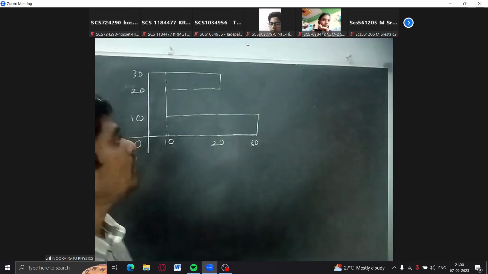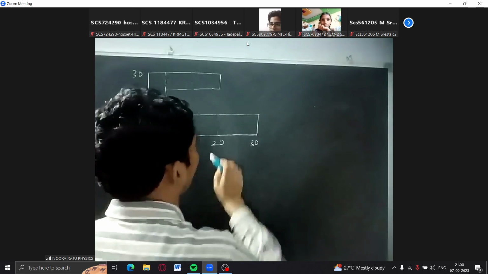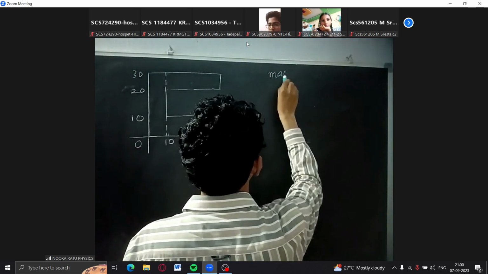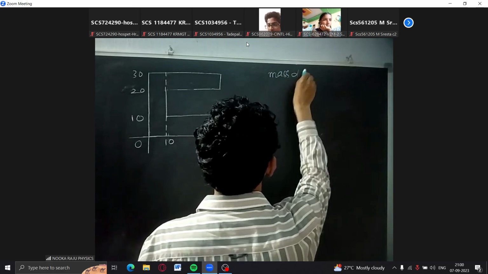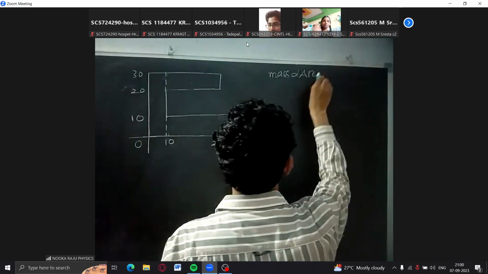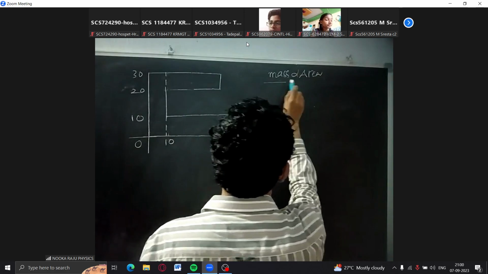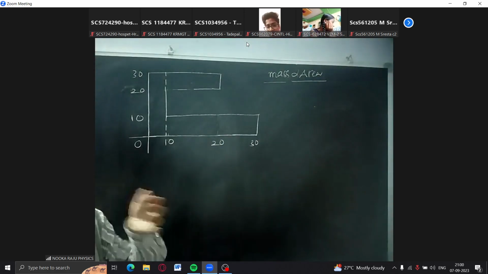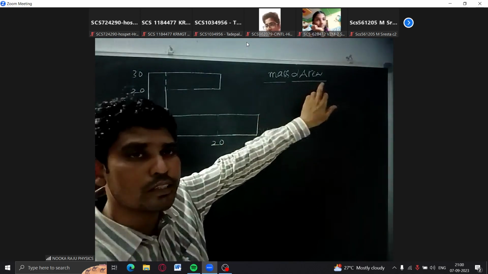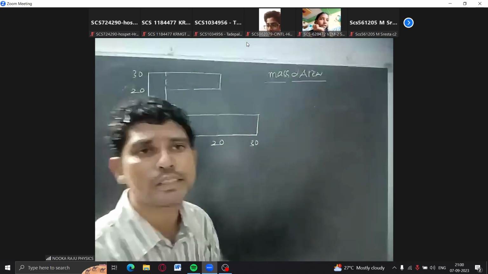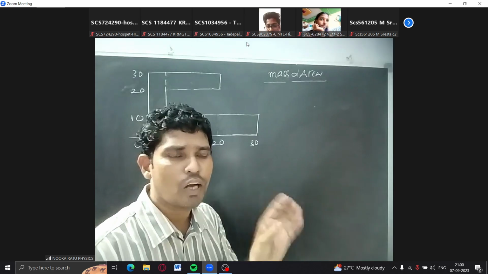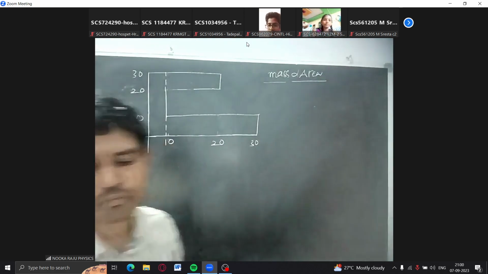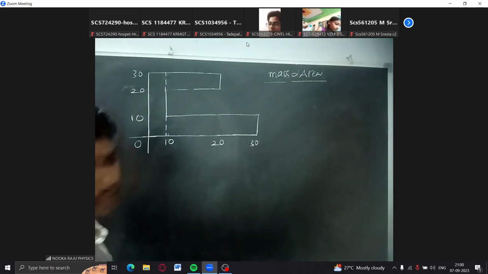Remember one point: mass is directly proportional to area. This is very important to develop this problem. When mass increases, area also increases. So we do not need to consider density, thickness and volume. Simply we can consider area to get the answer. This is the shortcut method.